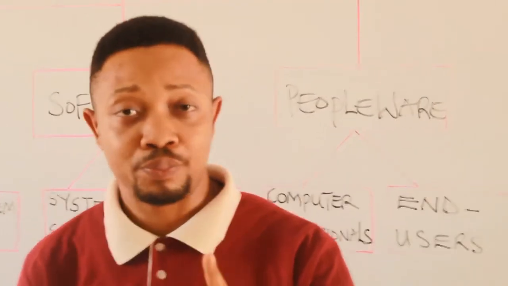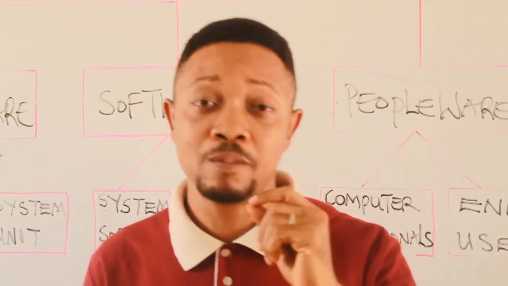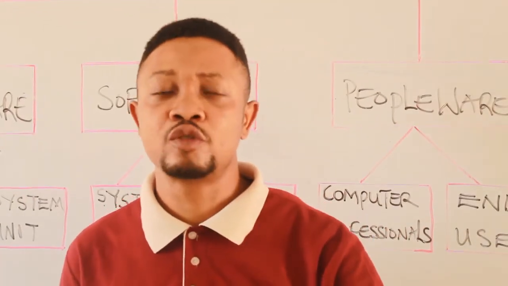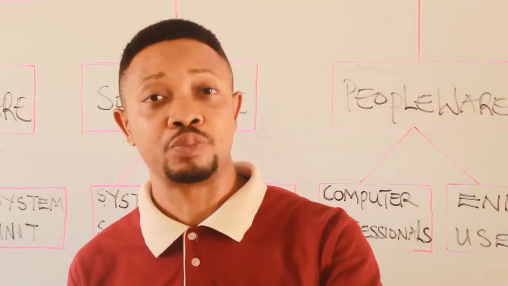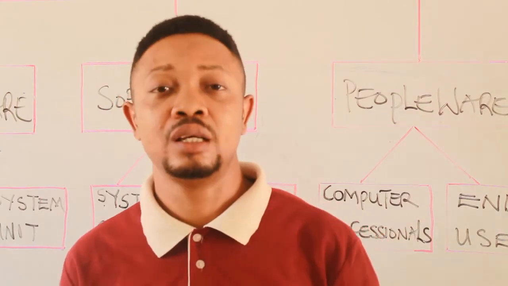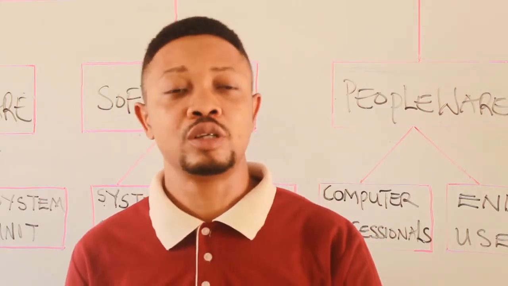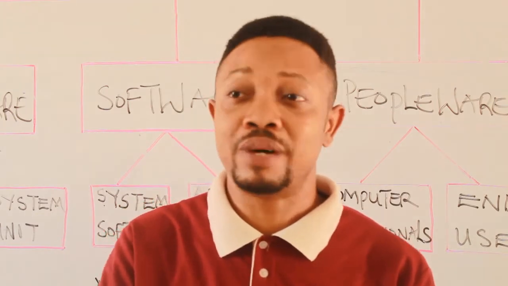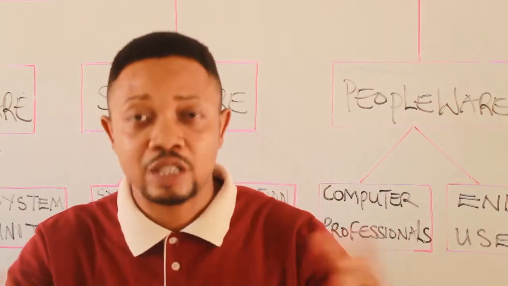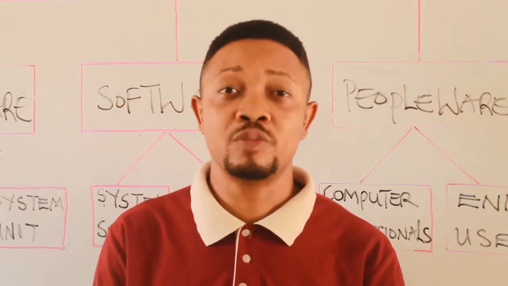That would be very expensive. So you have 60 computers, you're going to have 60 printers. A printer is 40,000, so if you multiply 40,000 by 60 computers in that computer laboratory, you know the amount you're going to be spending.